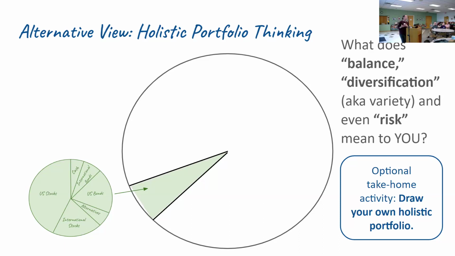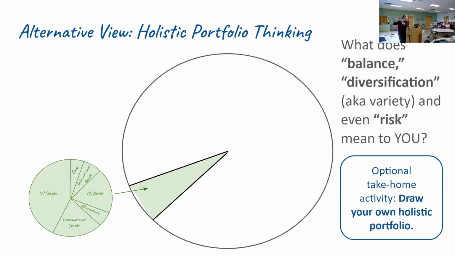Because I think we can think about our investments as so much more than just our financial stocks and bonds investments. We can think about our investments of our time, of our skills that we build up, of our relationships, and many other things that I'm sure you can think of.